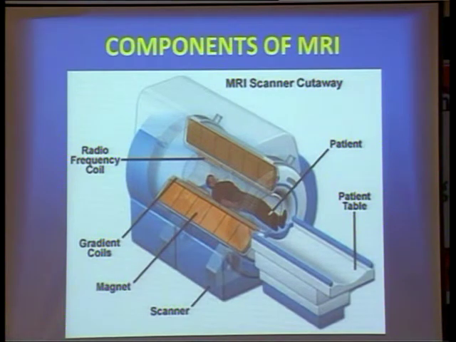Now, what you are able to see is the MR scanner, the radio frequency wave, the magnet, gradient coils and the scanner. You have to be careful here, because in CT everybody can be sent in, but in MRI you have to check the patient.